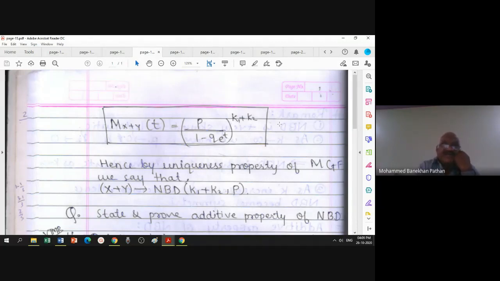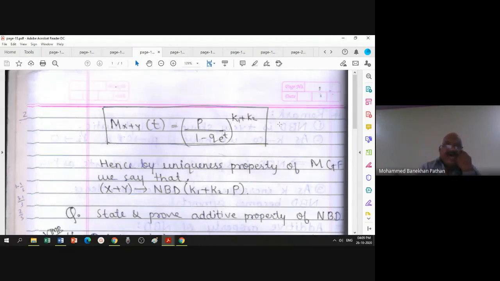What does uniqueness say? It says for each and every distribution there is a unique MGF, and for every MGF there is a unique distribution. That means there is a one-to-one relation between distribution and MGF.